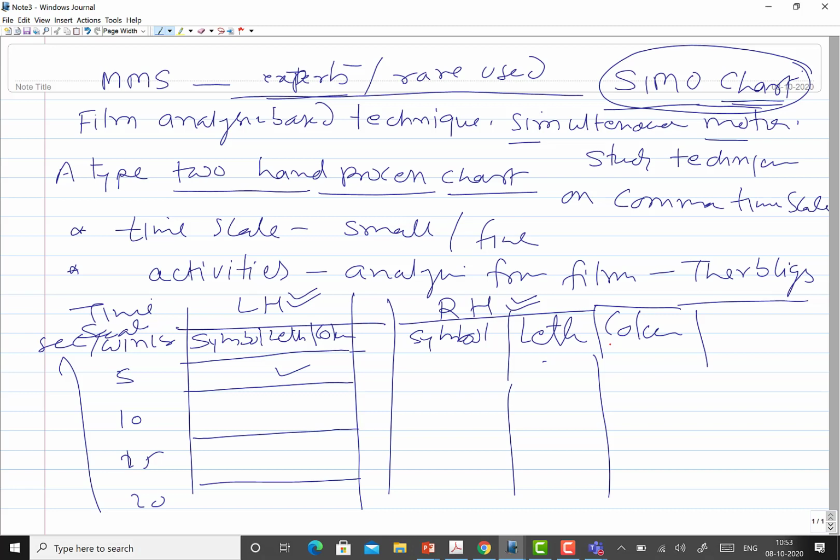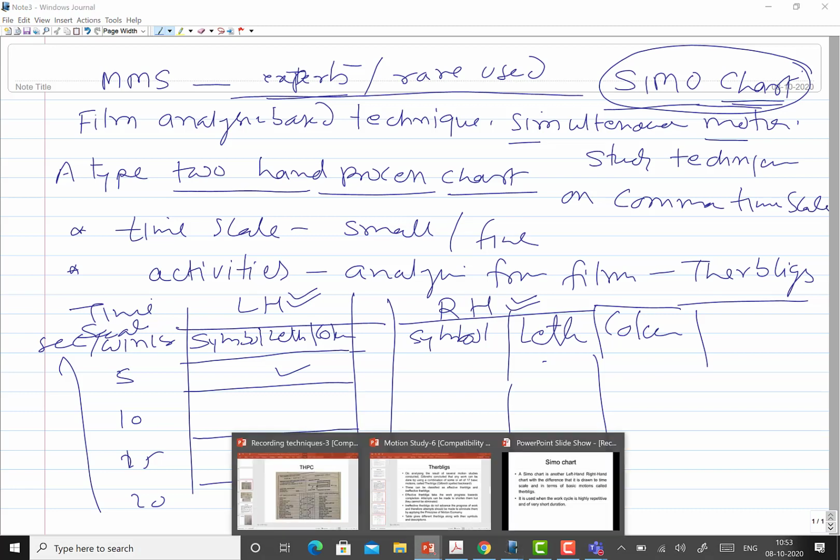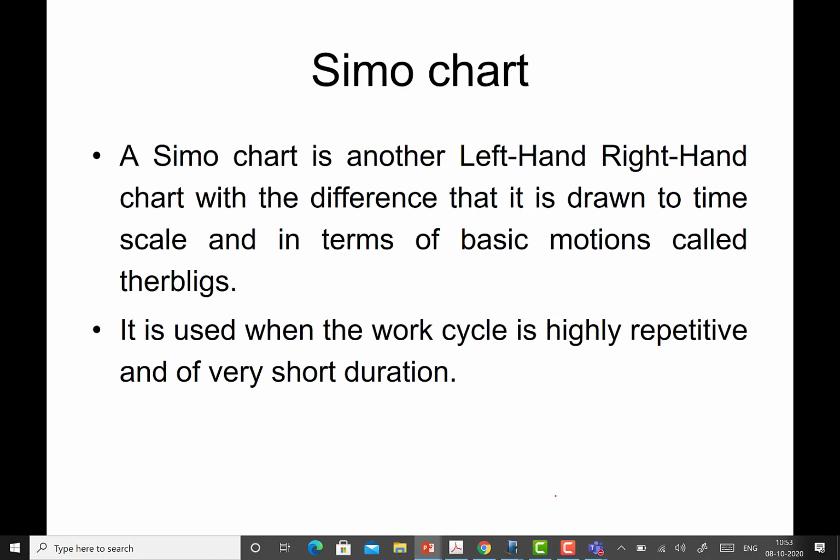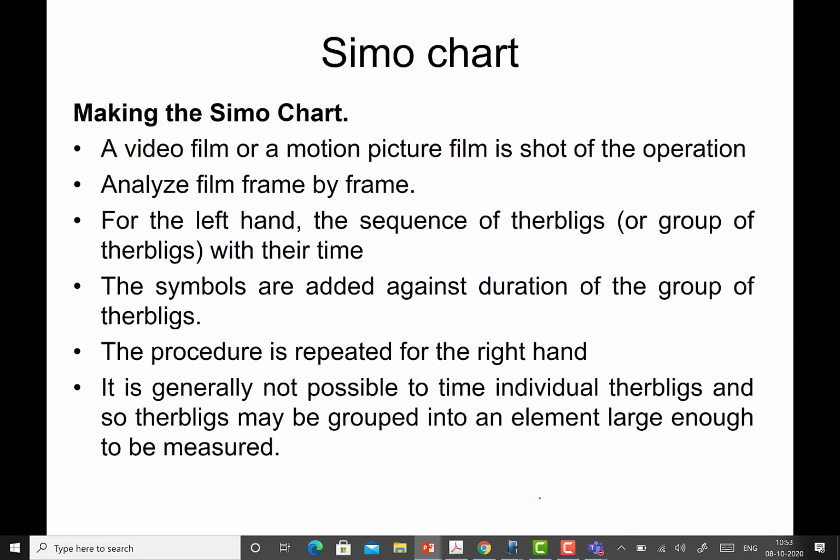So now I'll show you the typical example. As I have said, the SIMO chart is basically a film based technique.